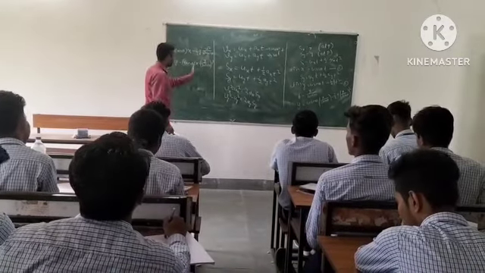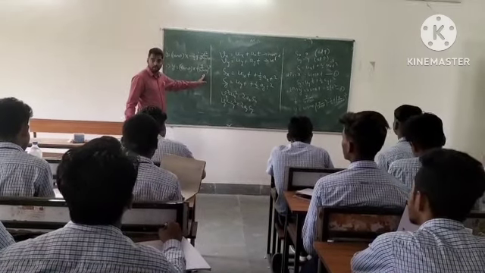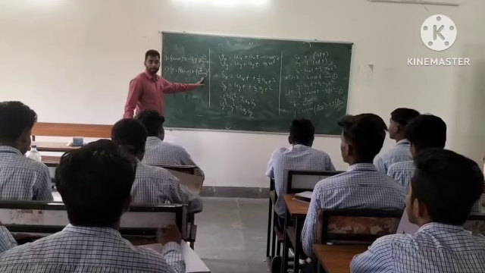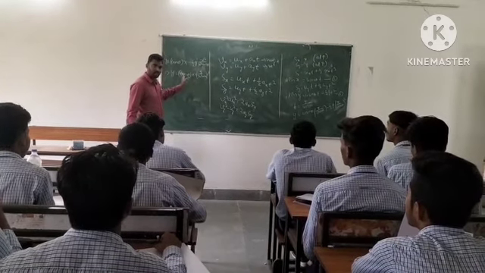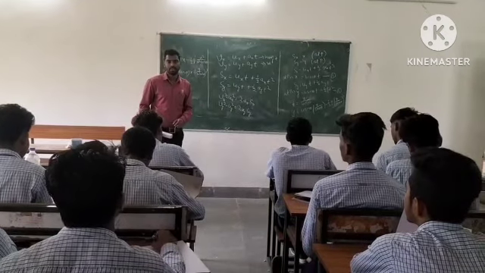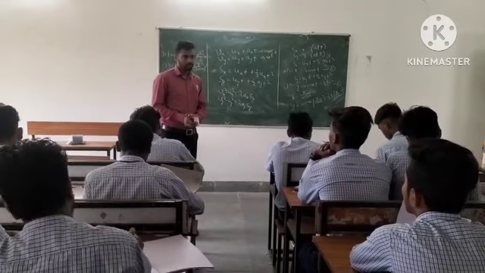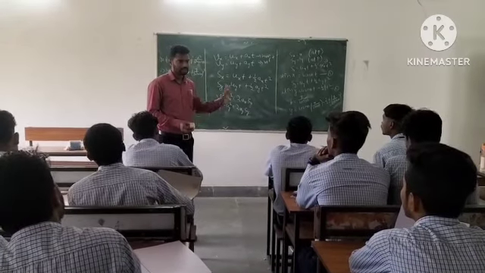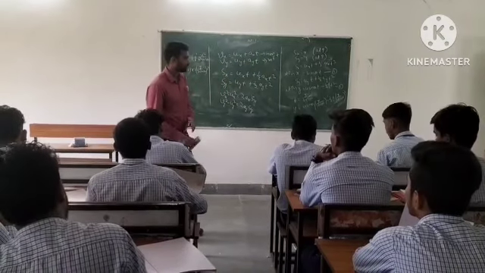If you put in this relation, it will be satisfied. For point B, if you put the value of x and y, this equation will be satisfied. So throughout the motion, the points x and y will satisfy this equation. All these points will satisfy this equation.